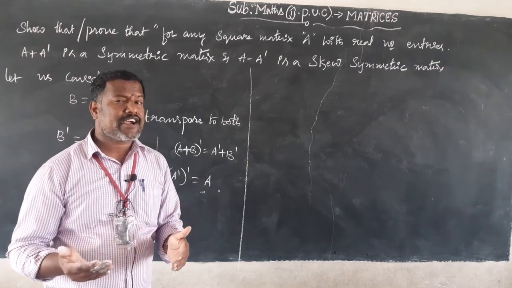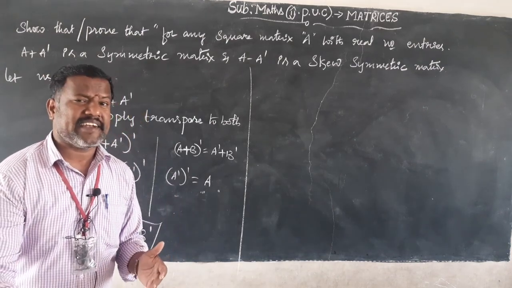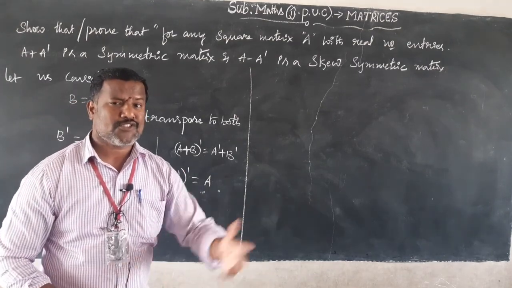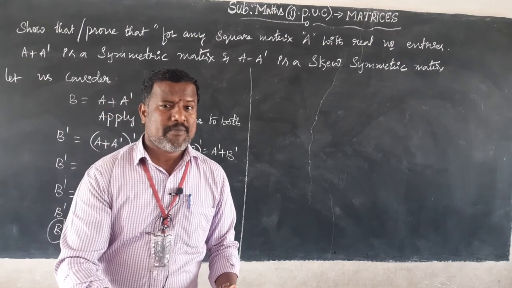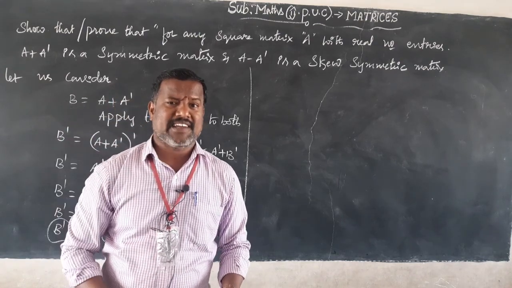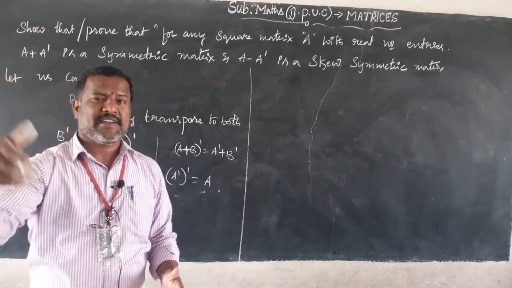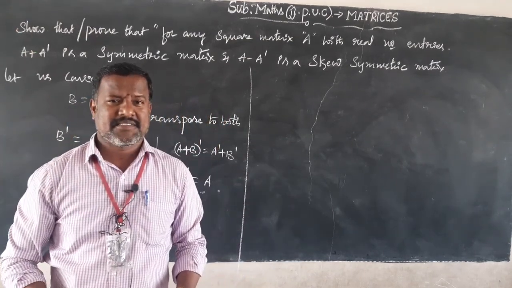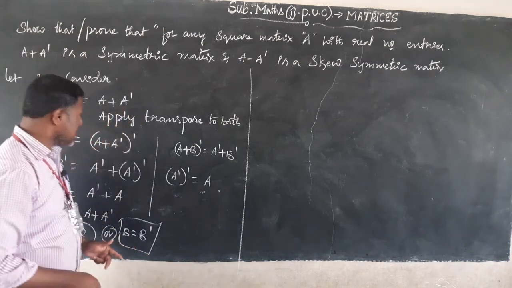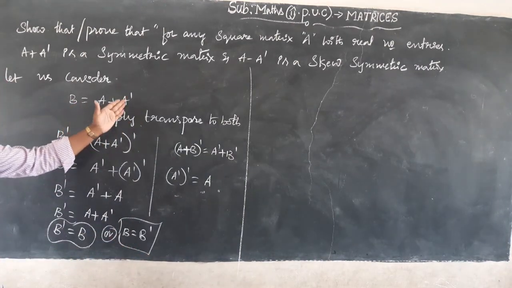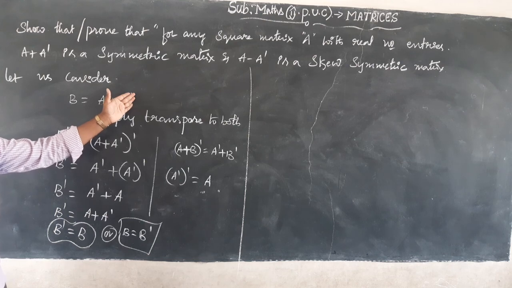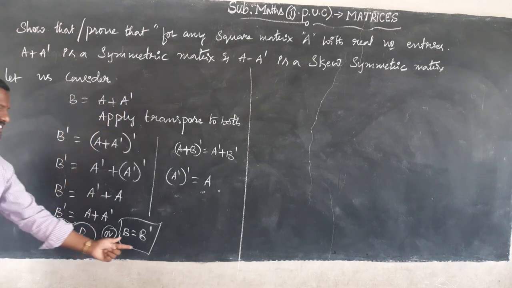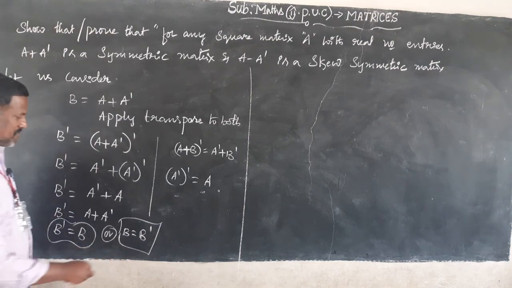So here we have taken A plus A dash as B. Since we have taken A plus A dash as B, what should we take? B is equal to B dash. Like when we take A plus A dash as some letter, that letter equals that letter dash, correct? Here too, since we have taken B is equal to A plus A dash, we can show that B is equal to B dash. Hence proved.